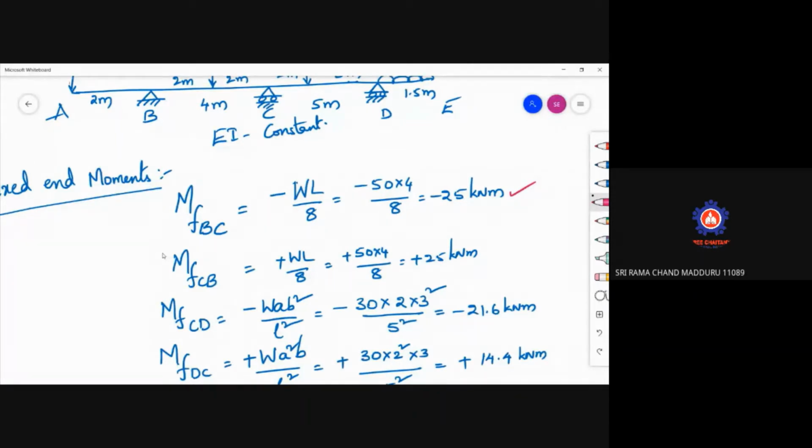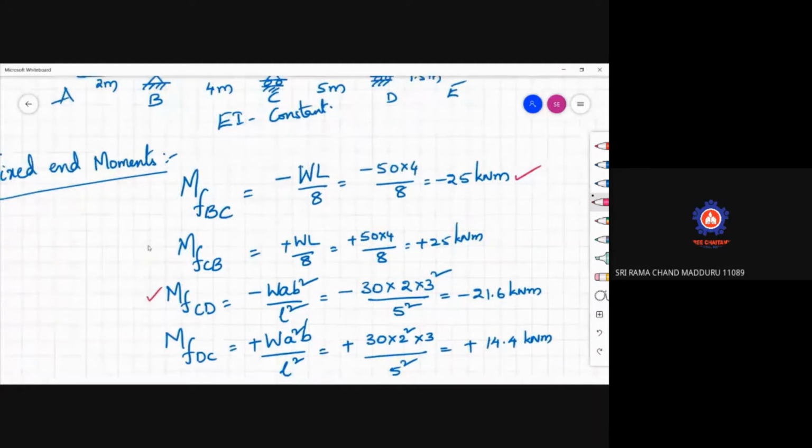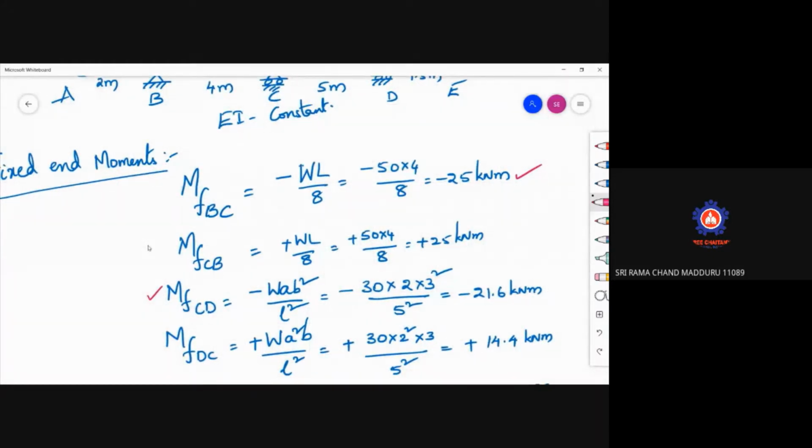So now coming to MFCD. MFCD is minus WAB square by L square when a point load is acting at some eccentricity, not at the midspan.